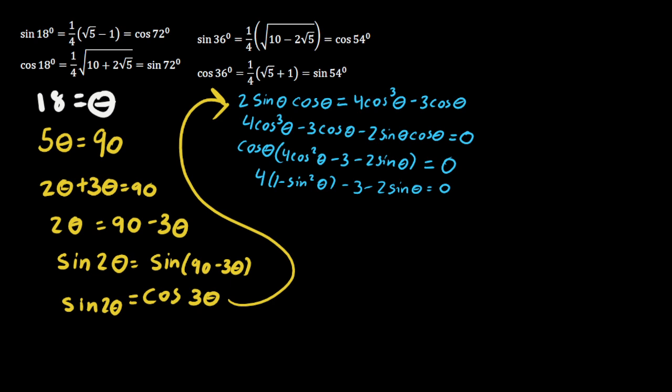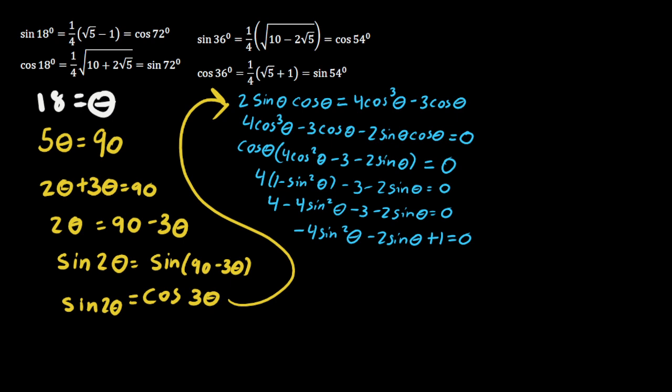Alright, so when I simplify this, I get 4 minus 4 sine squared theta minus 3 minus 2 sine theta equals 0. And if I just rearrange that, I get minus 4 sine squared theta minus 2 sine theta plus 1 equals 0.